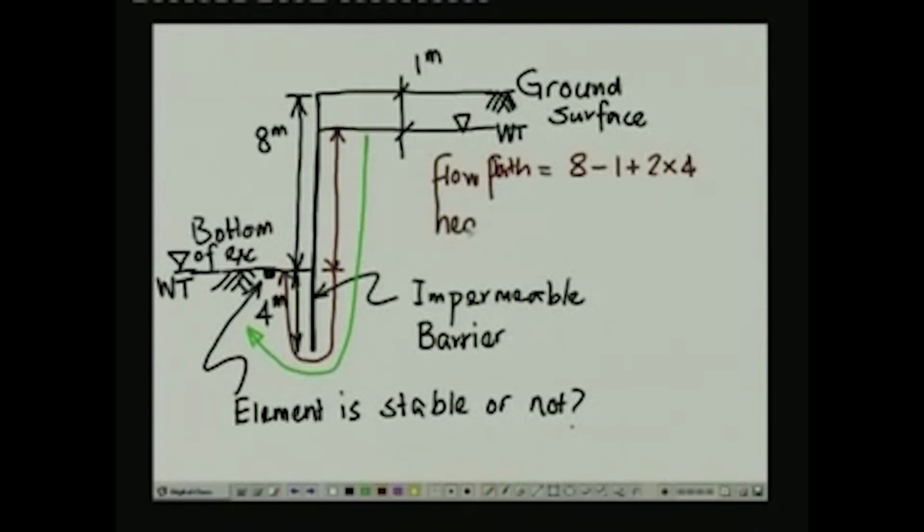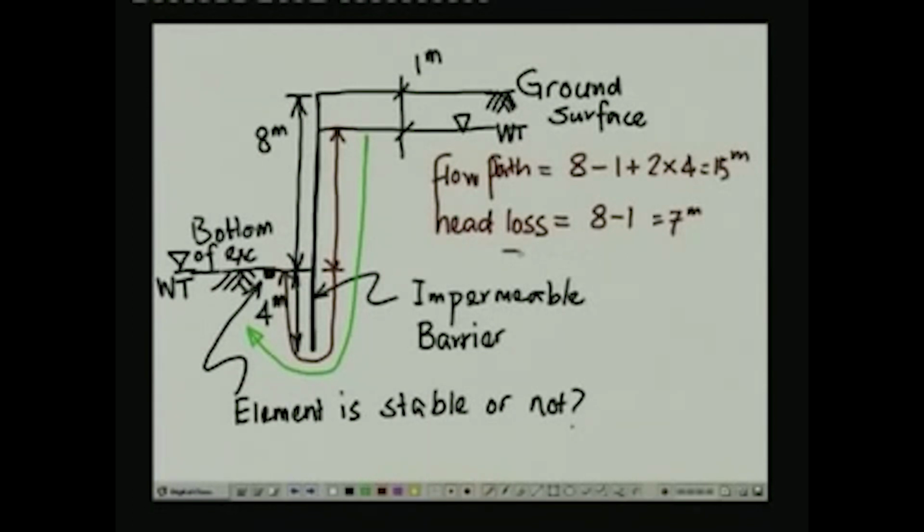Head loss for this particular configuration is 8 meter minus 1 meter, so that is equal to 7 meter, and when you work out the flow path, it is going to be 7 plus 8, that is 15 meters.